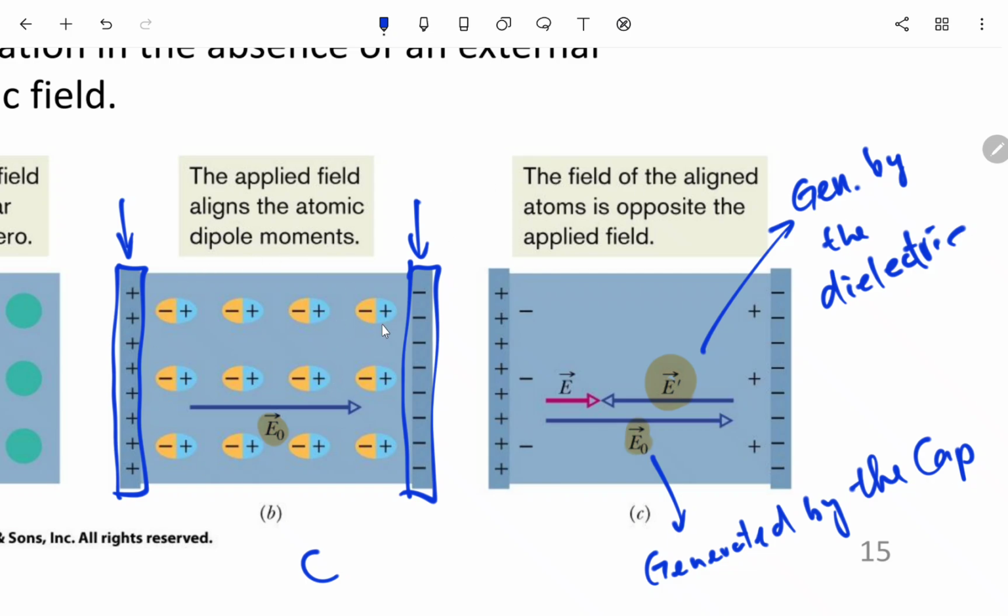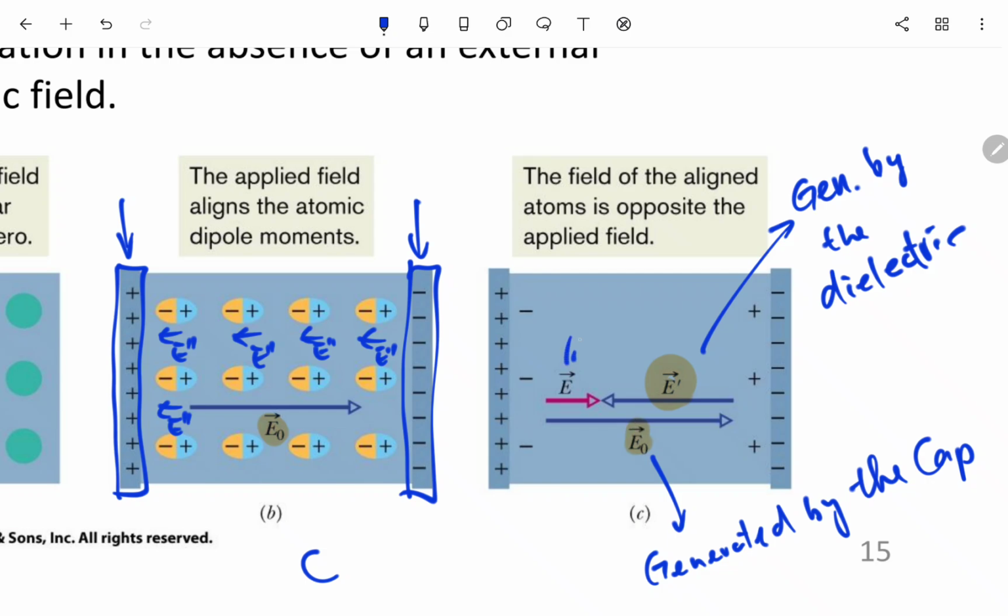So in that case, we will have many small E fields pointing to the left side, and all these small E fields add up. So finally, all these E double prime add up to this E prime. Okay, so this E prime will point to the opposite direction of the external E field.